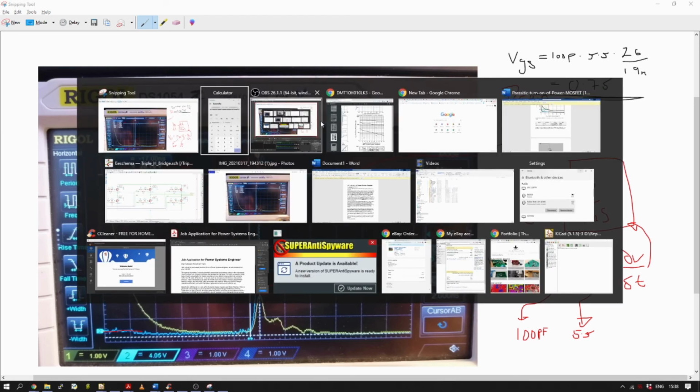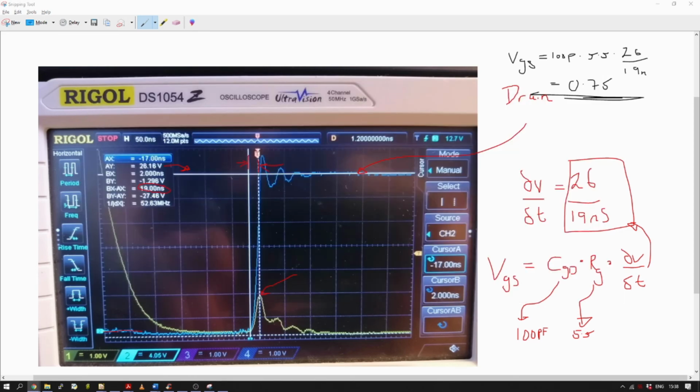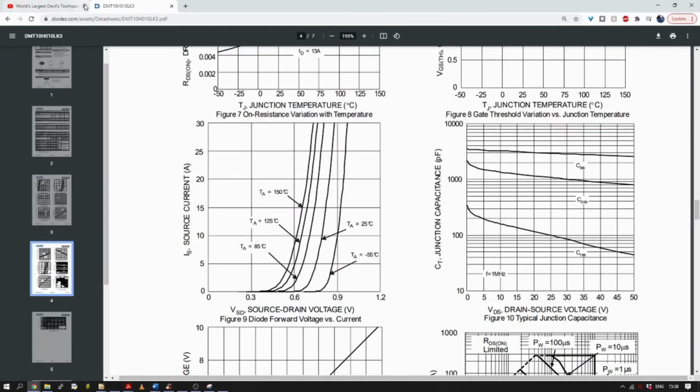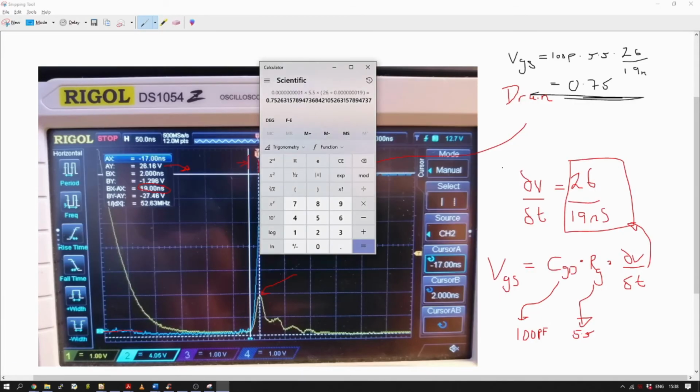So if we have a look, we can see that at around 26 volts, well, maybe we're a little bit down, so we could redo the calculation with perhaps 90. But that's a pretty good estimate, so I'll do it again.